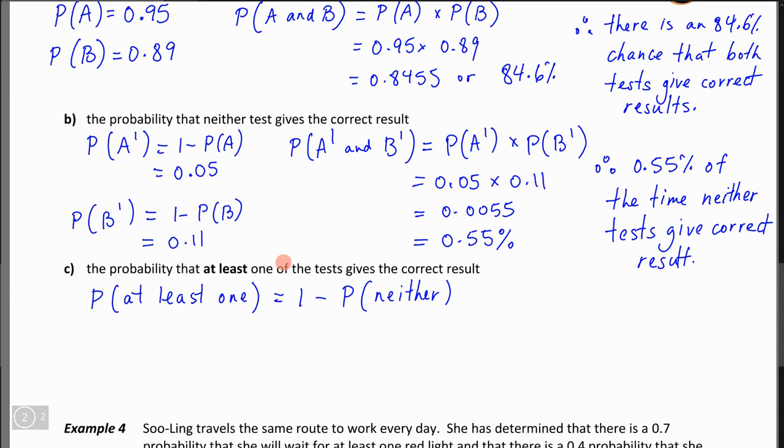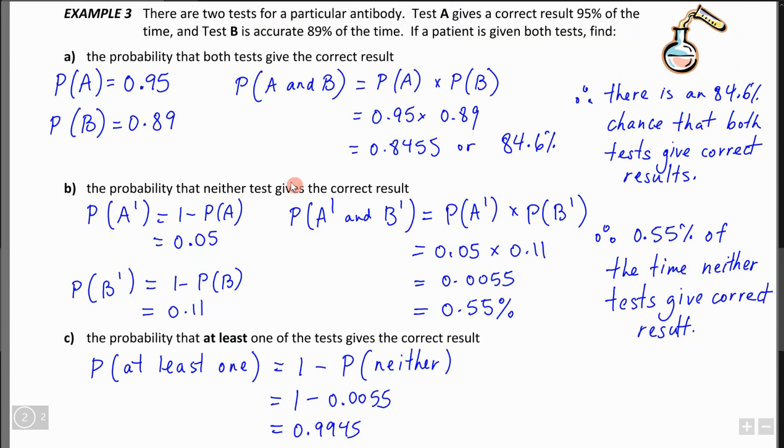If we know the probability that neither test gives the correct result, then I can find the probability that at least one of them does. At least one could mean one or both, right? So one or both. So I'm going to say here 1 minus 0.0055, and that's equal to 0.9945, which is 99.5%.